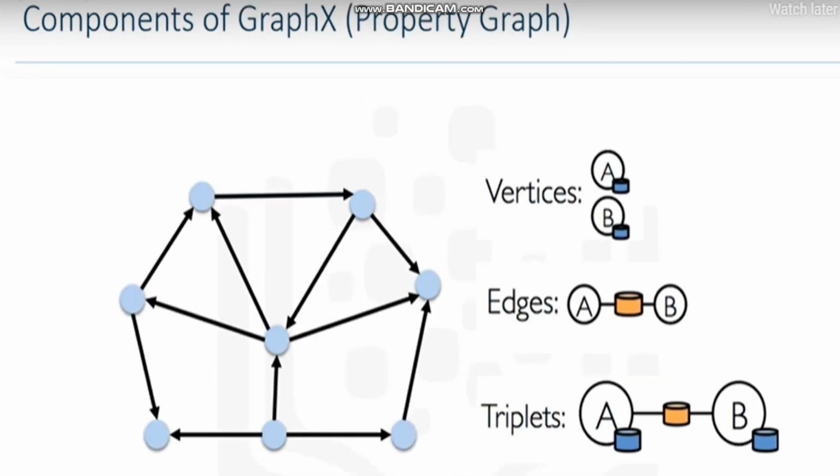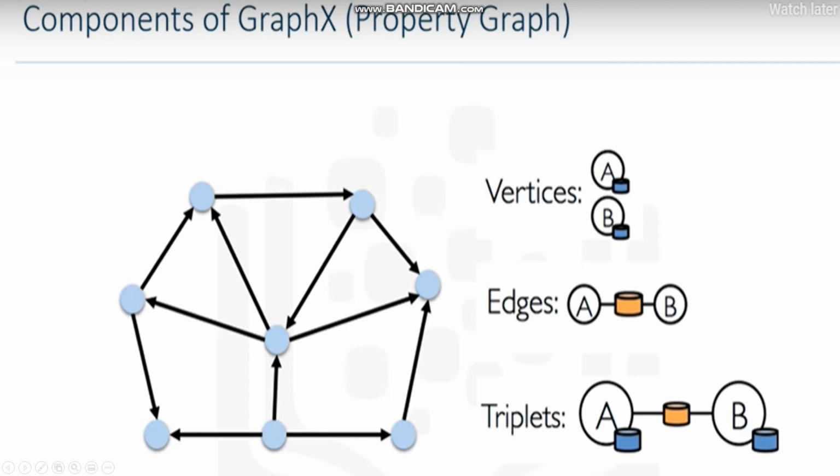Now let's go more in depth about the components of the GraphX property graph. We have a directed graph with properties attached. The property graphs are constructed using vertices, edges and triplets.